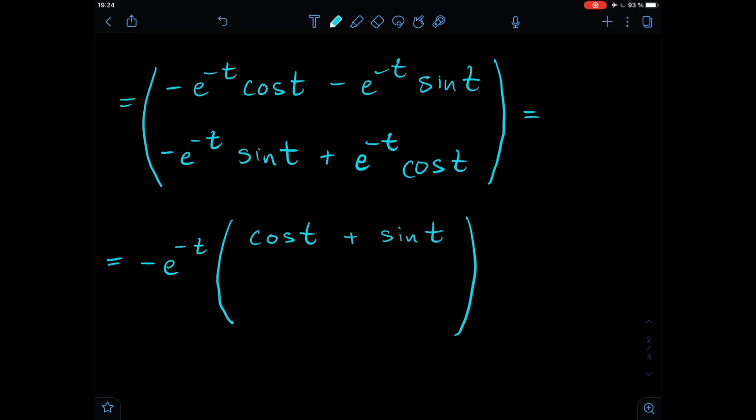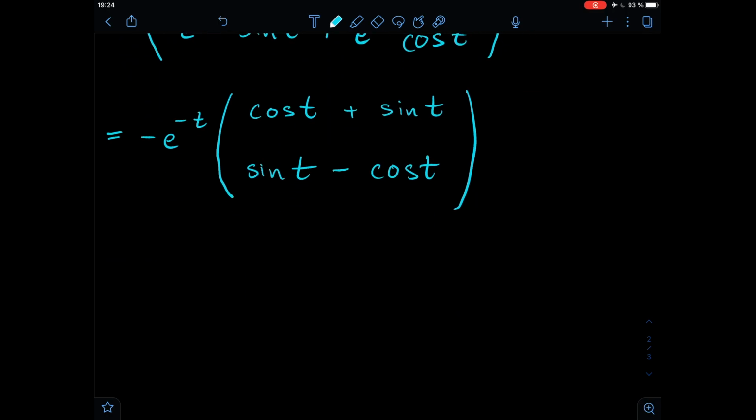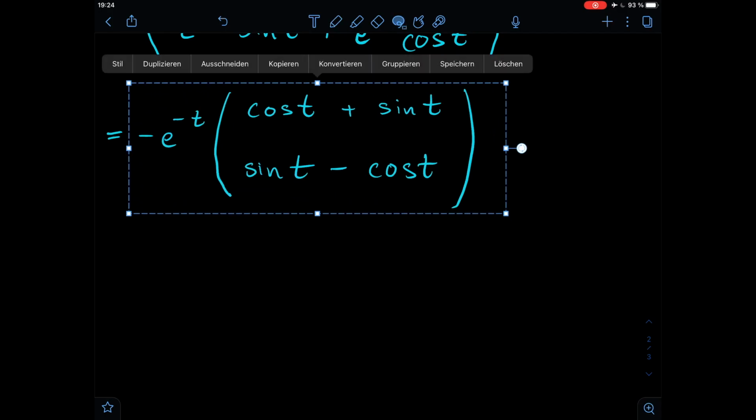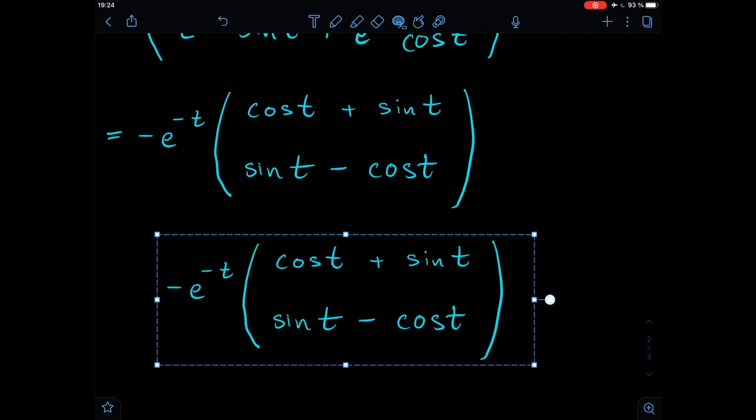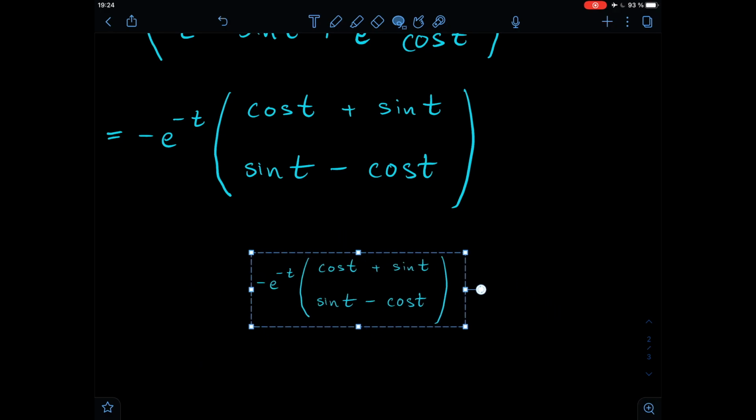So, and then in the y-coordinate we have sine of t, and since we are extracting minus e to the power of minus t, we will get a minus here, so we have minus cosine of t. In order to calculate the scalar product, we need to multiply this with itself.